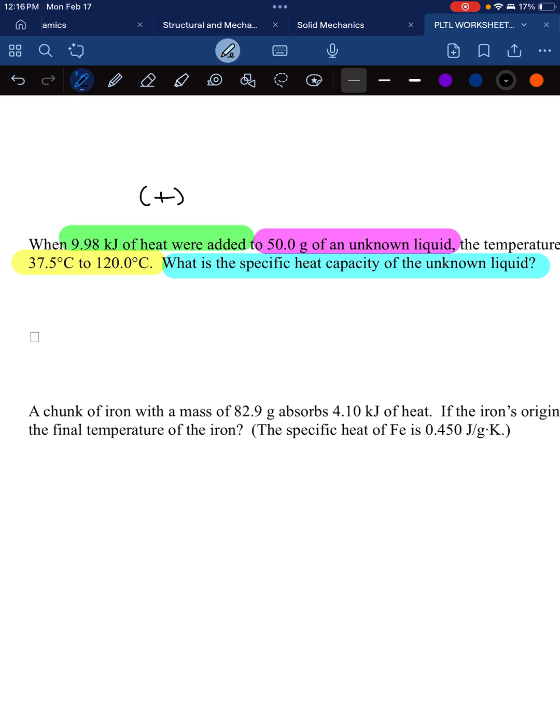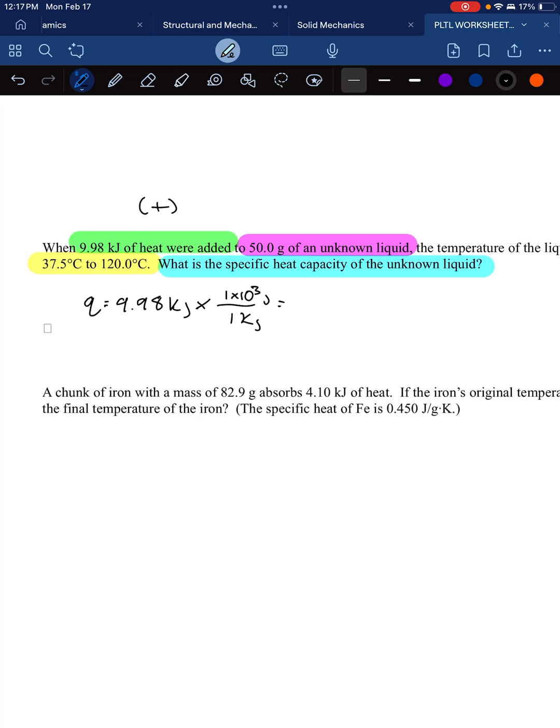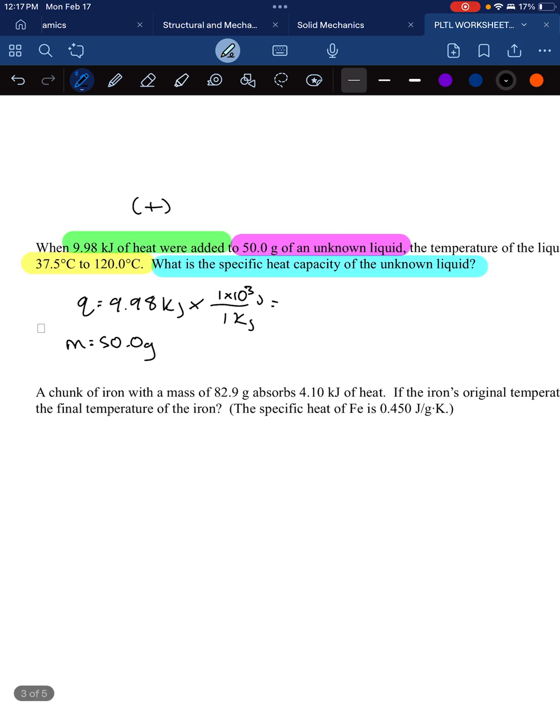So let's run through it. Q equals positive 9.98 kilojoules. We can go ahead and convert that immediately. Mass equals 50.0 grams of an unknown liquid. And the delta T is going to be final minus initial.